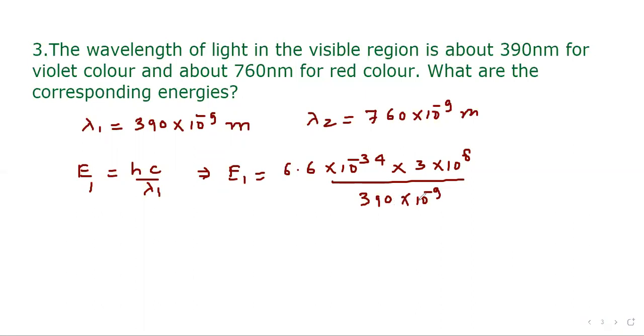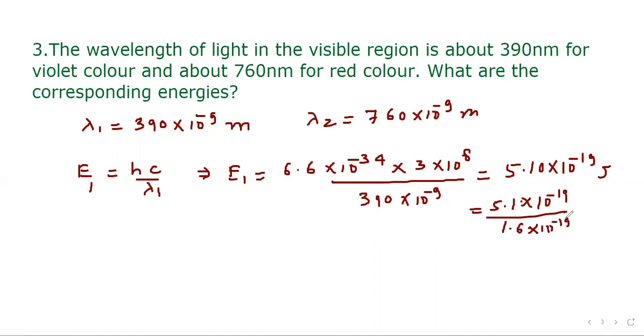So it will become 5.10 × 10^-19 joule. This can be converted into electron volt by dividing by the electronic charge. So if we divide 5.1 × 10^-19 by 1.6 × 10^-19, we will get around 3.19 electron volt.